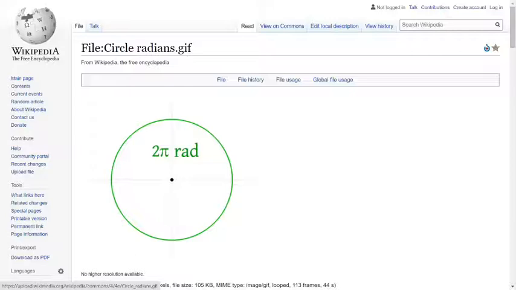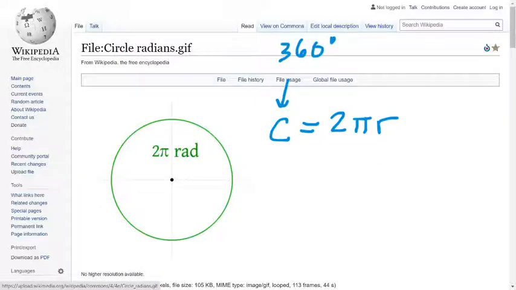The whole point of a radian is how many radiuses fit along the arc of a circle. So a full circle circumference is 2 pi r. That's just the definition of circumference. Now a circumference would refer to the entire circle, 360 degrees. So if you wanted to see how many times the radius went into the whole circle, that's like finding the radians.